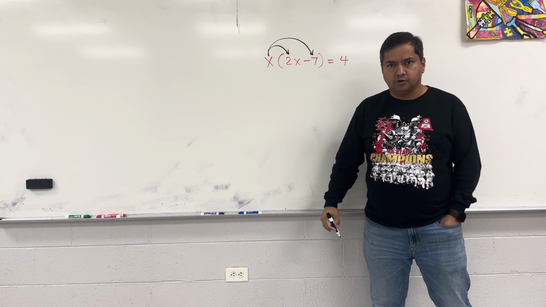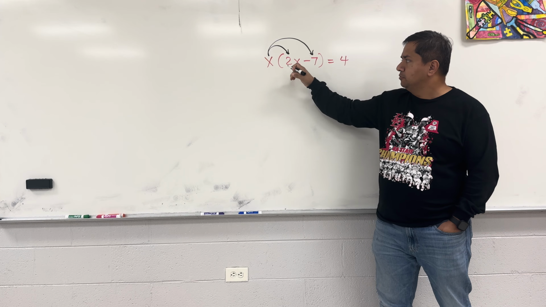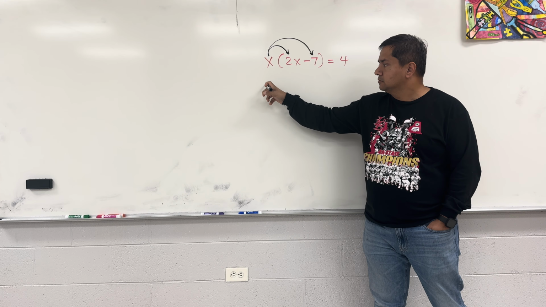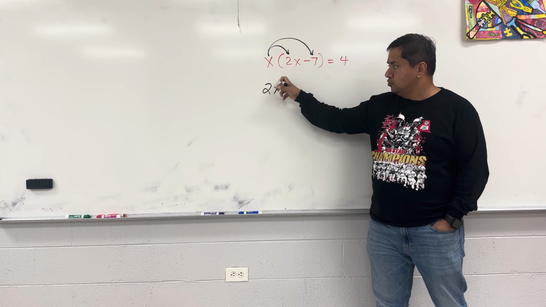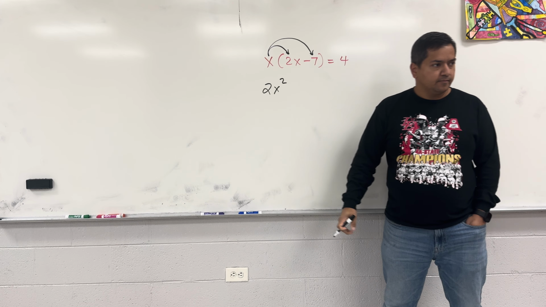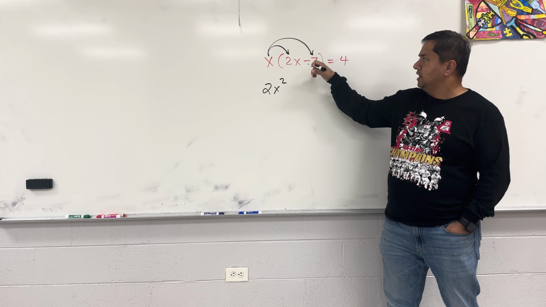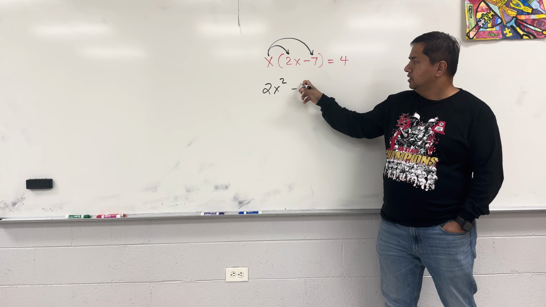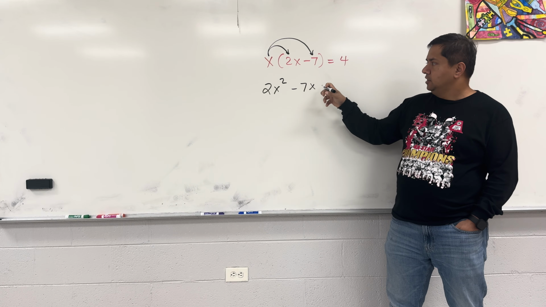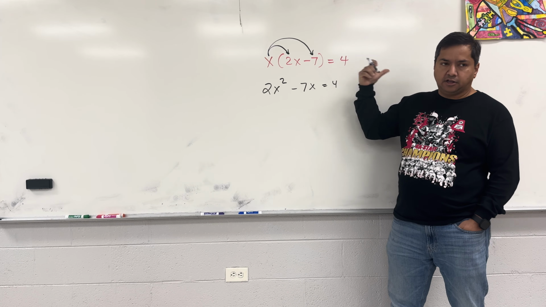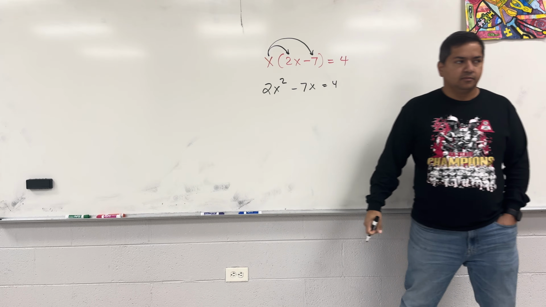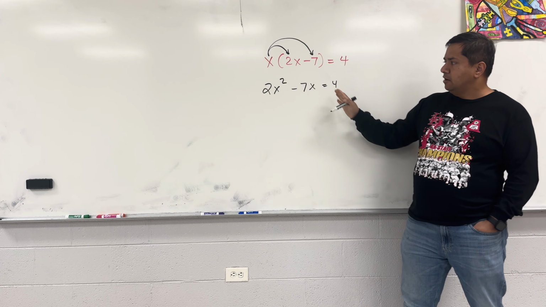All right, we good? So you have x times 2x is 2x squared, right? And then x times the negative 7 is negative 7x. And then you have 4 on this other side, right? Is that good?